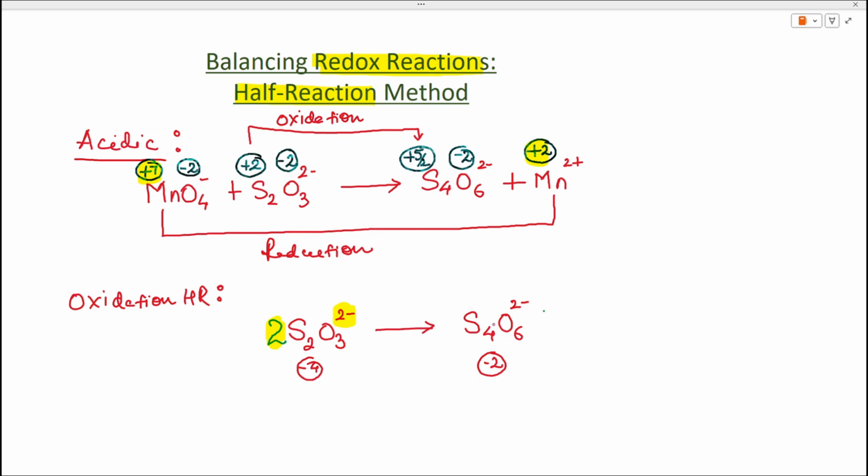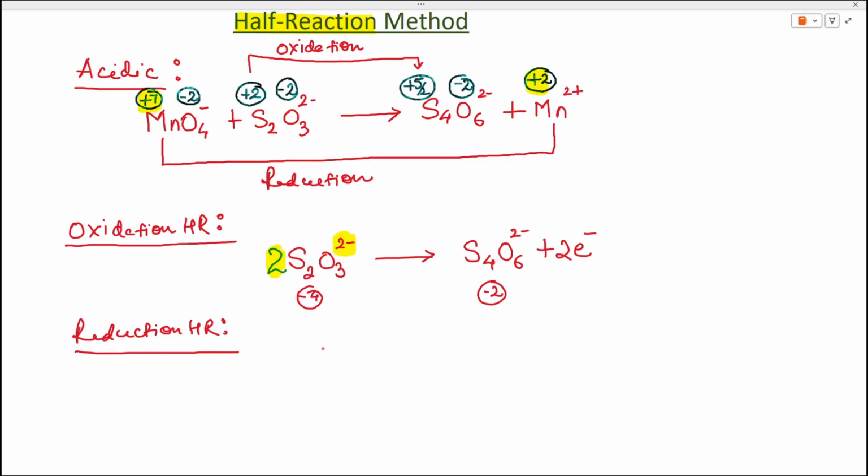We have to put electrons. So 2 electrons will be added on this side. Now -2 and -2 becomes -4. So the charges get balanced out. So we've already been able to balance out our oxidation half reaction.